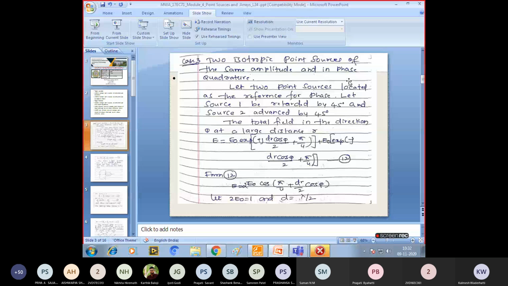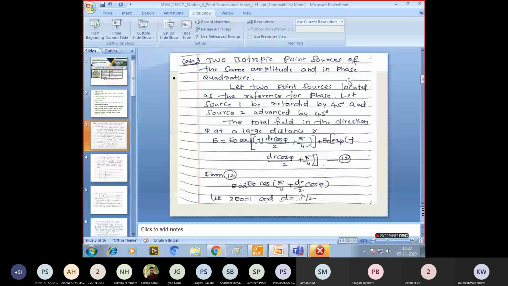From the origin, how the sources appear in the far field distance, with respect to that the field will be analyzed. Source 2 is advanced and source 1 is retarded.